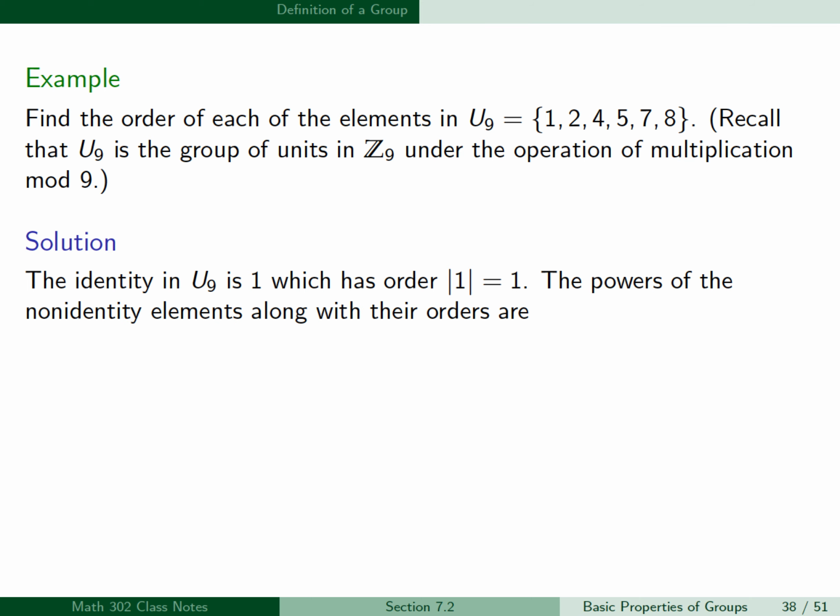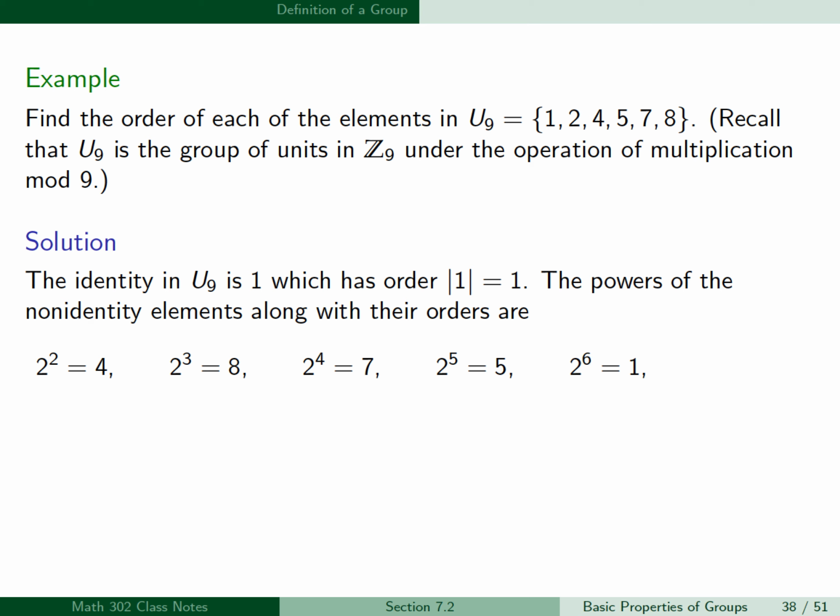The powers of the non-identity elements along with their orders are, so for 2, we have 2 squared is 4, 2 cubed is 8, 2 to the 4th is, well, 2 to the 4th will be 2 times 2 cubed, which is 16, which is 7. 2 to the 5th, that's 2 times 2 to the 4th, which is 14, which in U9 is 5.